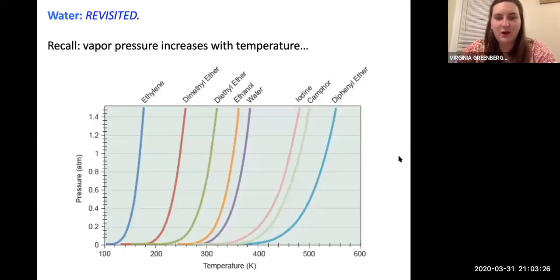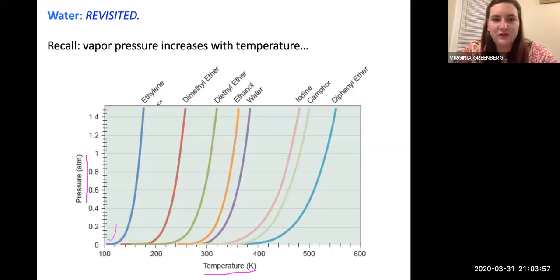To begin, I want to talk about water and revisit this discussion of vapor pressure. Okay, so we've seen this graph before. We're tracking how vapor pressure of different liquids changes as we increase the temperature. And so we can see that all of the liquids have this really sharp spike in their vapor pressure as temperature increases.